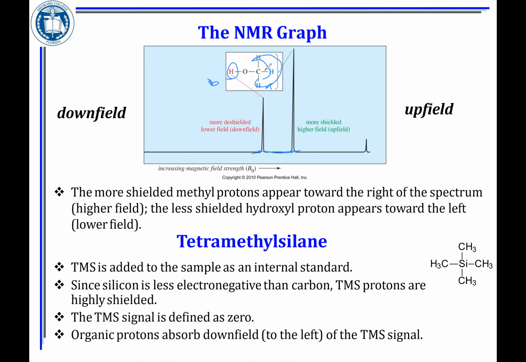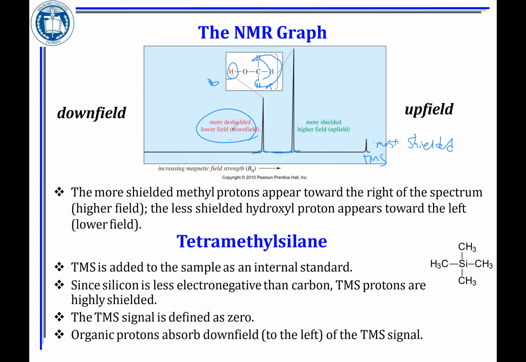So there is hydrogen attached to carbon, and hydrogen attached to oxygen. Which one is more de-shielded? This is the TMS, which is the most shielded. So the red one is more de-shielded, or out of these two is the most de-shielded.